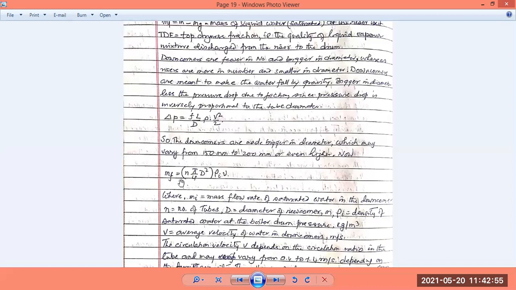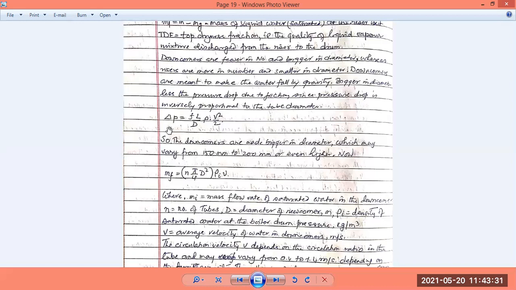So we get the pressure difference, where f is the coefficient of friction, L is the length of the downcomer, D is the diameter of the downcomer, rho is the density of the saturated water inside the downcomer, and V is the rate of flow of fluid in the downcomer itself.